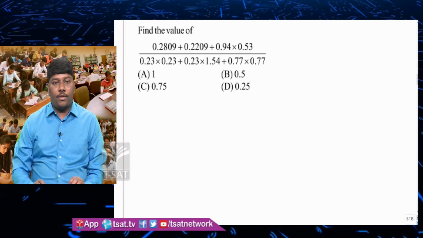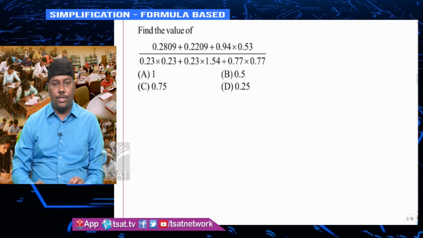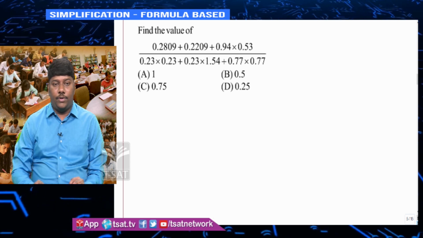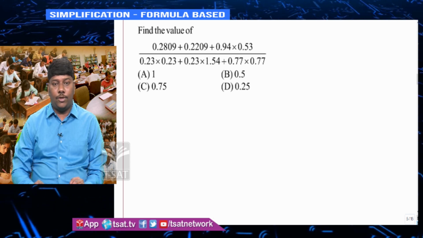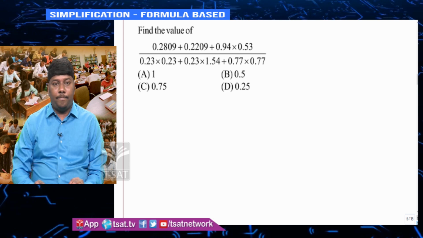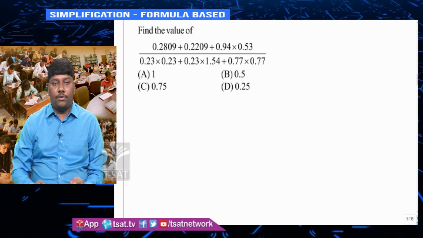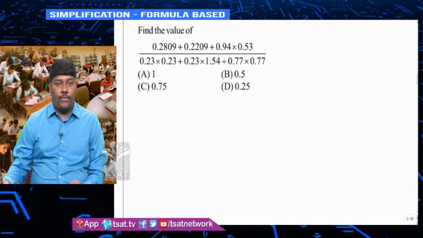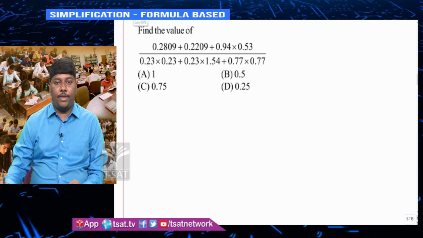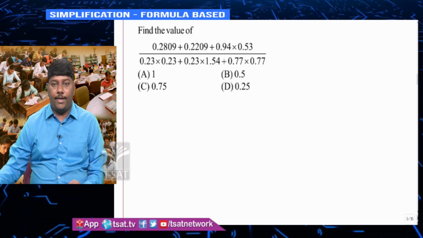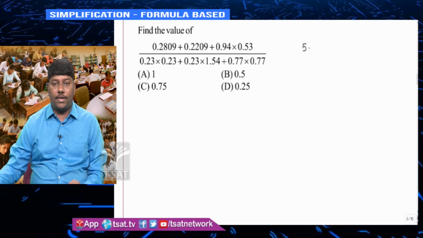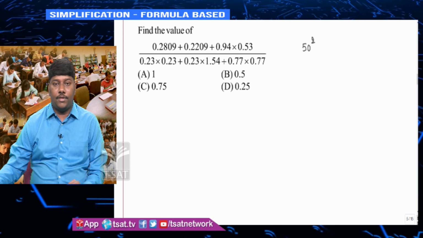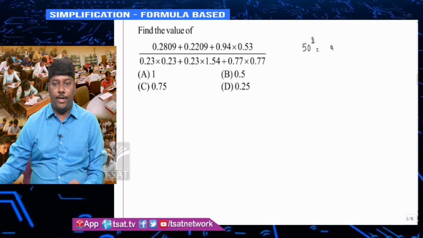Now look at here. Find the value of 0.2809 plus 0.2209. So here it's very important for you to know the squares which are close to 50. I'm just giving you an idea of how to find the squares which are close to 50. 50 square is 2,500.